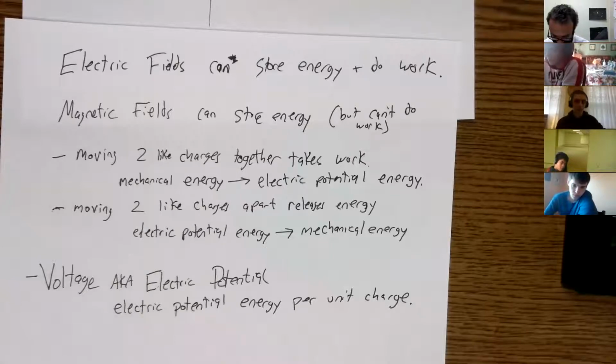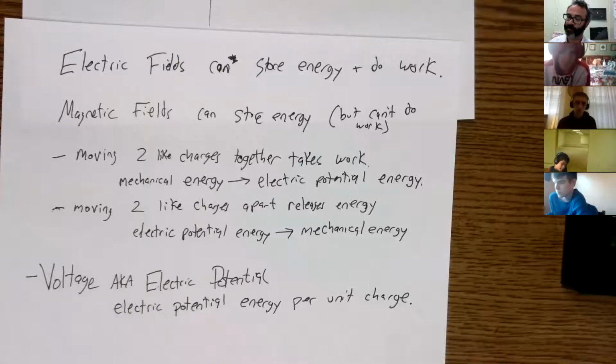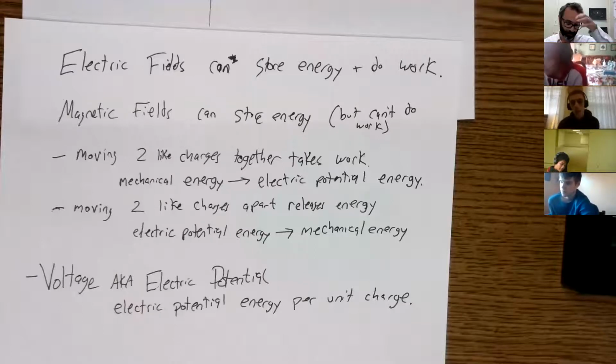So voltage is the amount of charge that is possible to go through a system, right? Or a circuit. Not the amount of charge that's possible. No, it's the amount of energy. So if you take a 1 Coulomb charge and you move it through a 1 volt potential, then you're going to have 1 times 1 is 1.